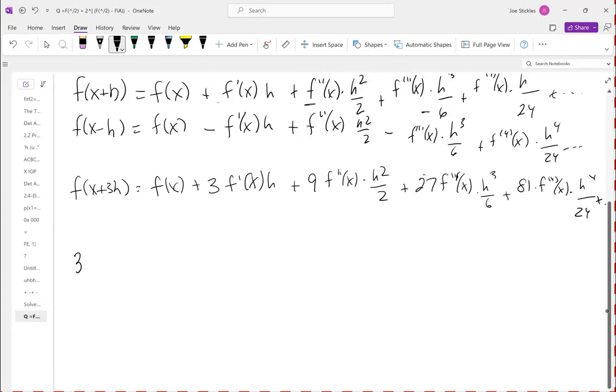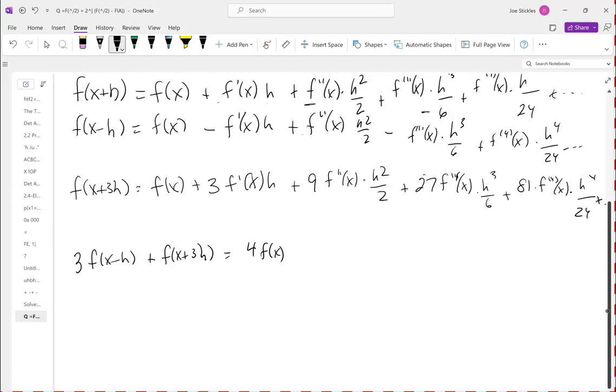if I do 3 times f of x minus h, and then add f of x plus 3h, we'll get 4 f of x, right? Yeah? Okay. Over here, when I multiply this one by 3, I get 3 halves plus 9 halves.